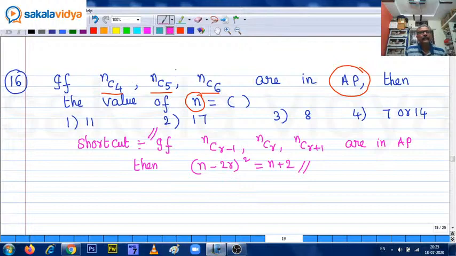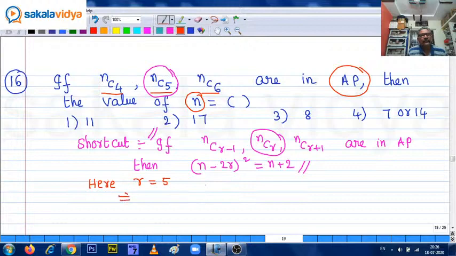Okay, just concentrate on the middle term, n C5, n C r. That means here r value equals 5. Substitute in this one. We get n minus 10 whole square equals n plus 2.